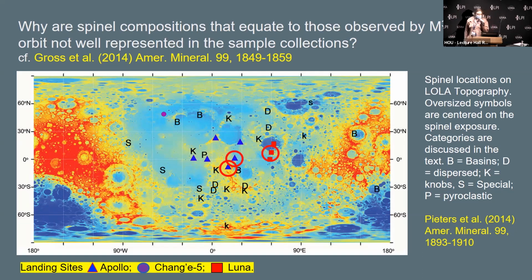Looking at this figure, it is clear to me that some of those sites would make sense to have Mg spinel, but I see other landing sites that are close to remotely detected localities where we don't see Mg spinel in the record. Another thing that stands out to me is how widespread these lithologies are.